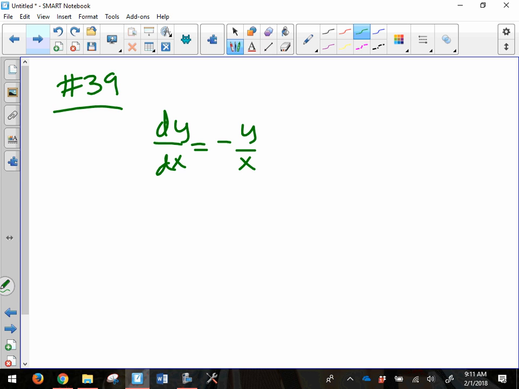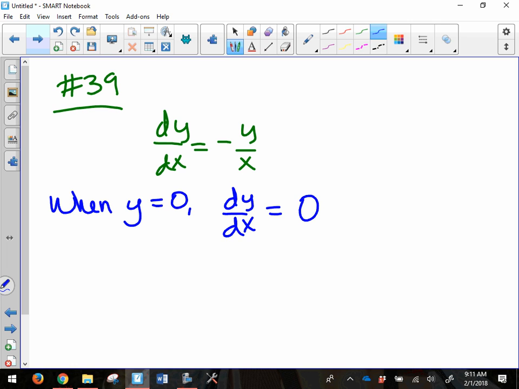So the first thing to always look at are the easy things. So when y is equal to 0, what's dy dx going to be? 0, right? Does it matter what my x value is? No, as long as it's not 0 itself.